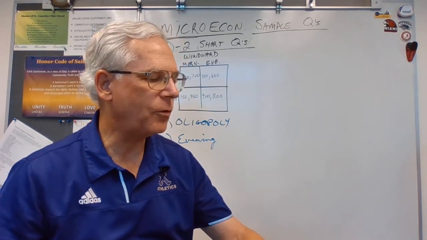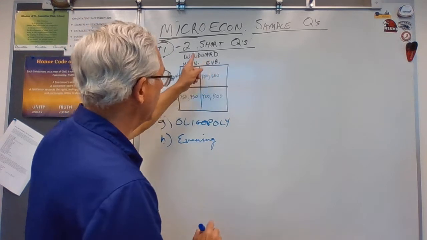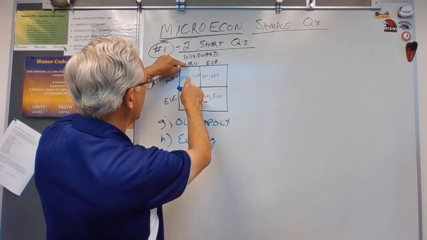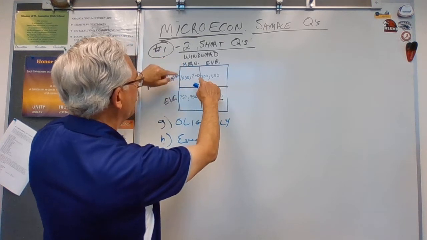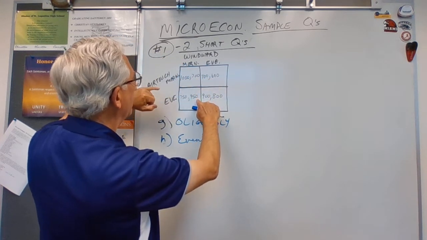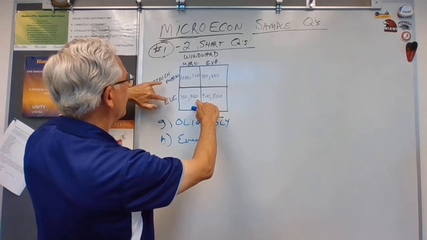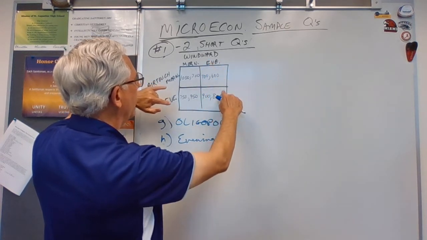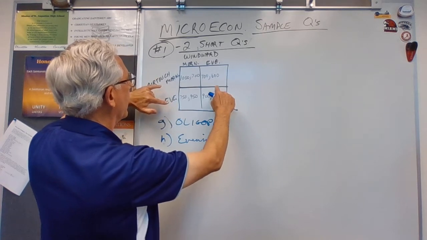Identify the dominant strategy for Windward. Does Windward have a dominant strategy? If they choose a morning departure, they can either make 700 or 950, depending on what AirTouch does. If they choose an evening departure, they'll either make 600 or 800, depending on what AirTouch does.